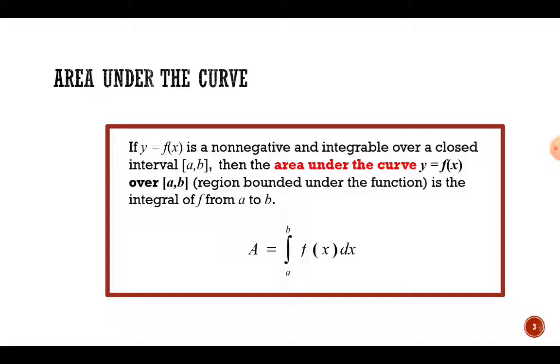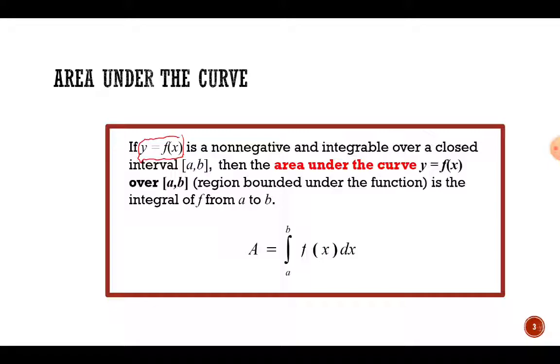Basically kita tahu we have a function that we want to integrate, y equals to f(x), and that function must be a non-negative function kalau kita nak find area. Sebenarnya integration can be negative, tapi bila kita sebut area luas, tak logik lah luas tu sebenarnya negatif kan.